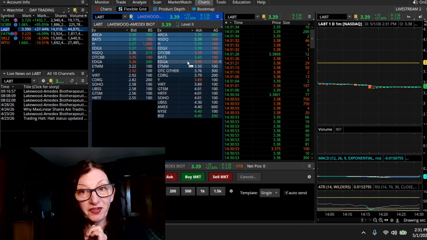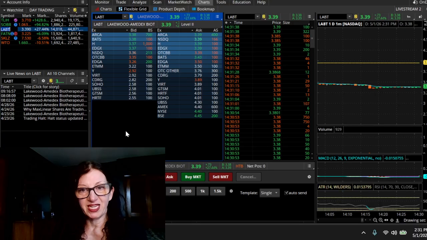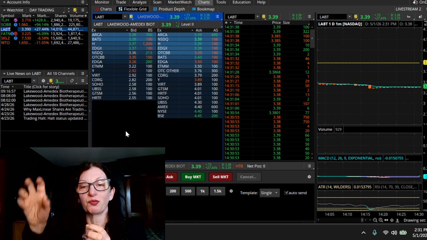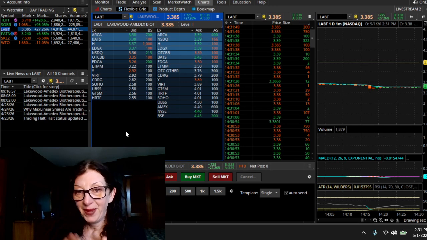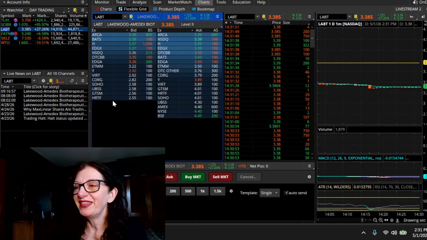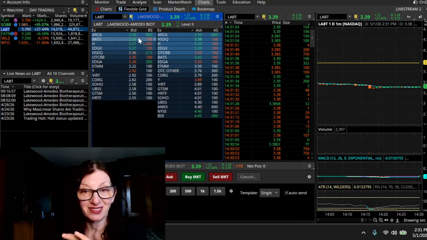And you'll see it on there until it's filled, and then it will go on the time and sales. Okay, so the first thing is that you have a real list of buyers, a real list of sellers, what they're actually willing to pay to buy the shares, what they're really willing to pay to sell the shares, and then the difference between these two prices matters. Okay, that's something you absolutely want to look at.